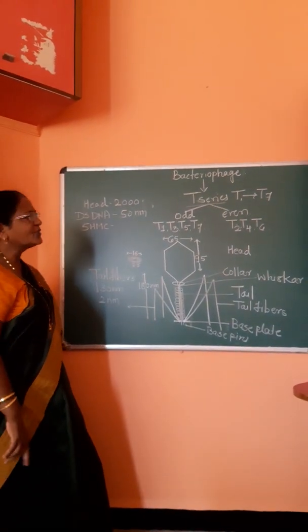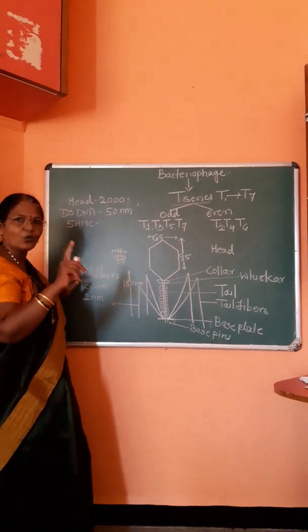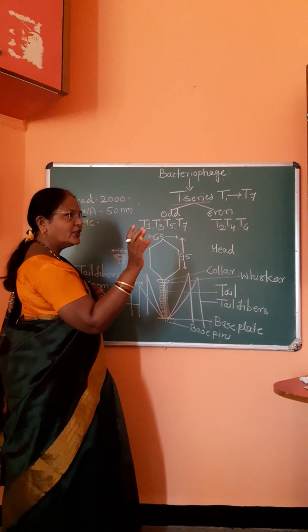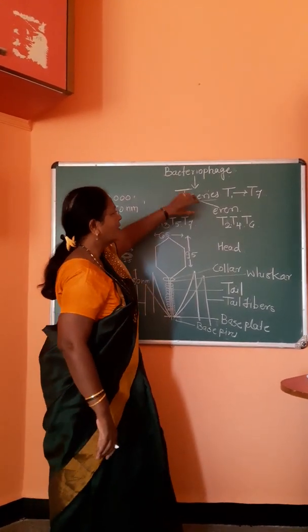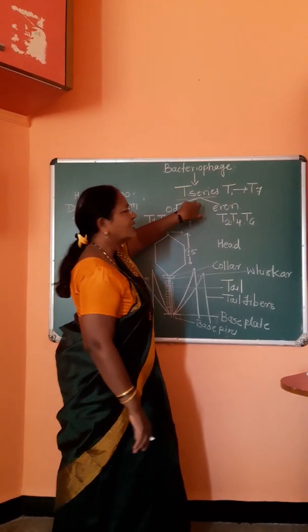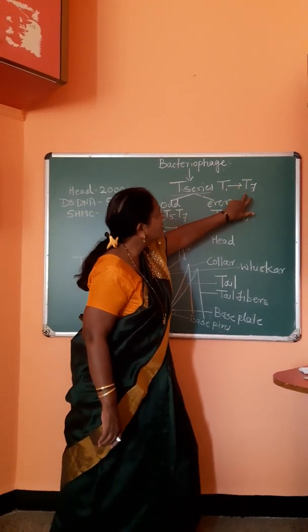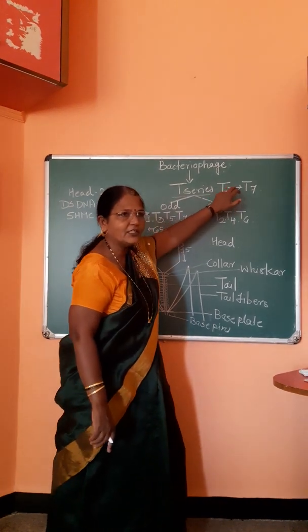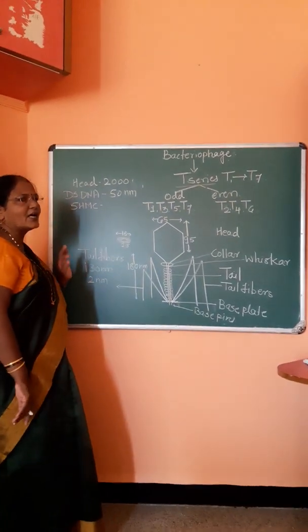T series of phages means bacteriophages having Escherichia coli as their host, and depending upon their morphology and their genetic material, they are included in one group, called the T series, in which the T1 to T7 bacteriophages are present. That means T1, T2, T3, T4 and so on up to T7.